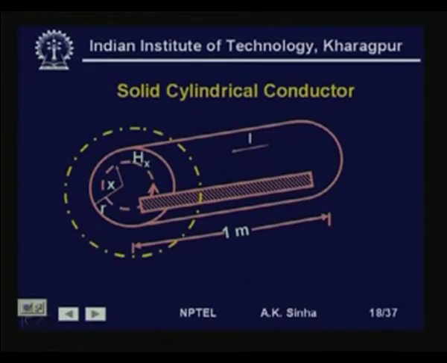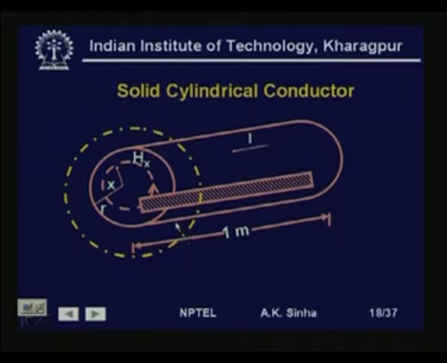So, let us take first a solid conductor. Here we have taken one conductor which is of cross sectional area with a radius r and 1 meter in length.